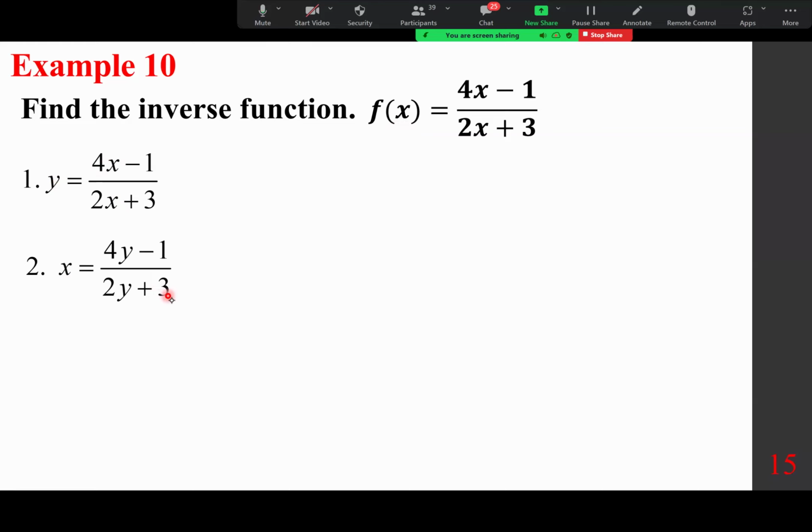Now, right here, we do have the inverse function. However, we solve for y, okay? So how do we solve for y? Very simple. x over 1, we do the cross product. We multiply these two, we get 2xy plus 3x. We multiply these two, we get 4y minus 1.